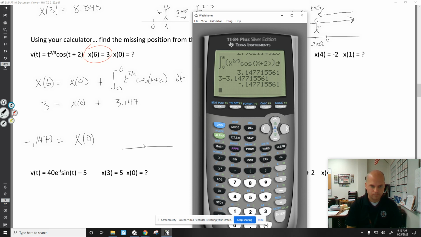Okay, so here, my dude started just to the left of the origin at t equals 0. Then he displaced a bunch. We could look at the graph moving right to the left. And where did I end up? At the 6 second, I ended up at position of 3.